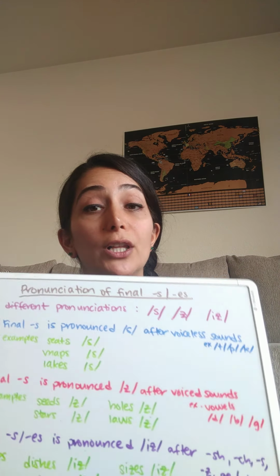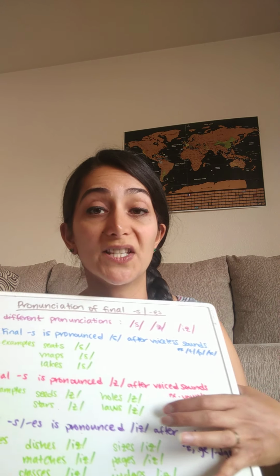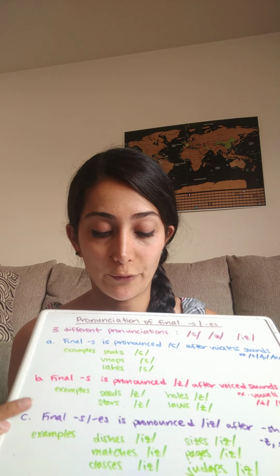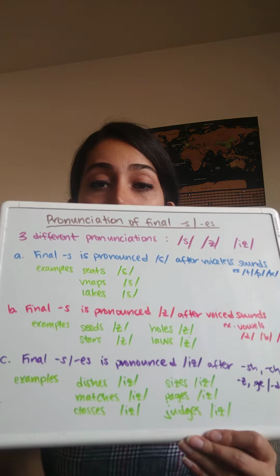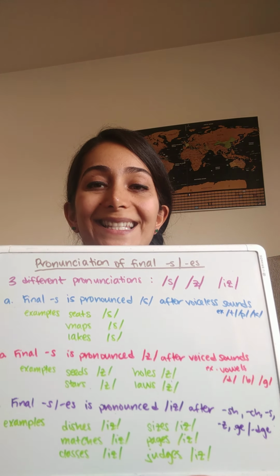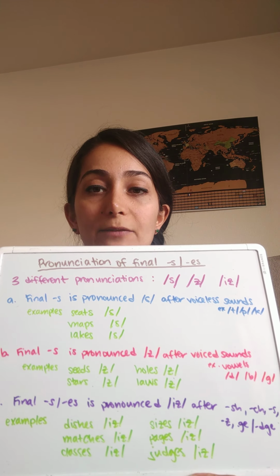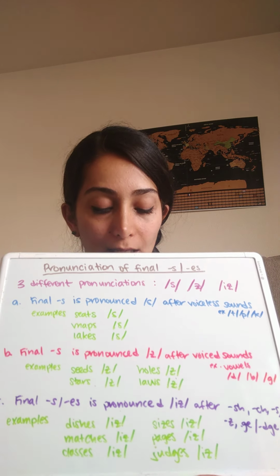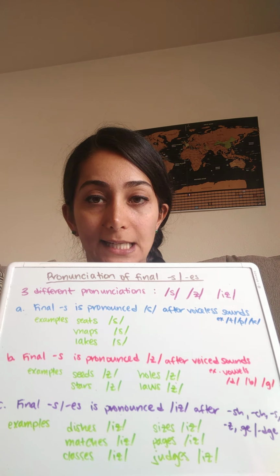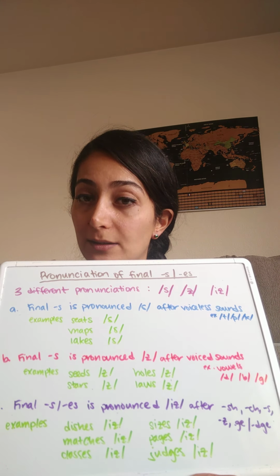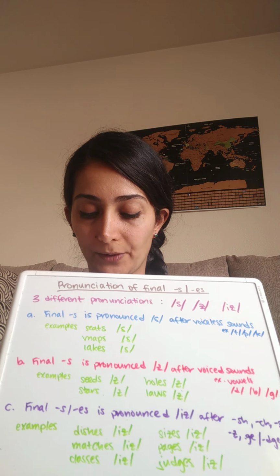P is voiceless, B is voiced. The same thing is happening in our mouth, but one is using our voice and one is not. So with voiced sounds, we follow with a voiced sound, which is Z. For example, seeds. The singular form is seed. D is voiced. That's the ending there. So seeds, Z is the voiced ending of the plural form.